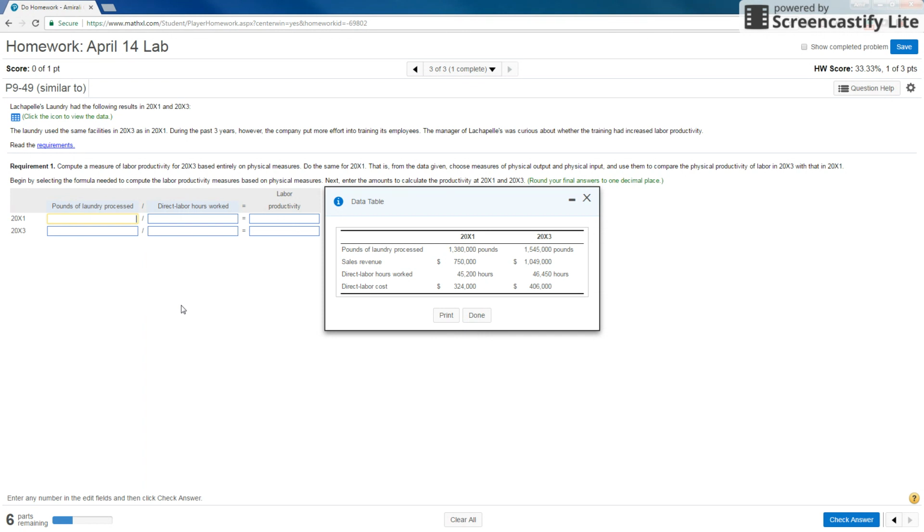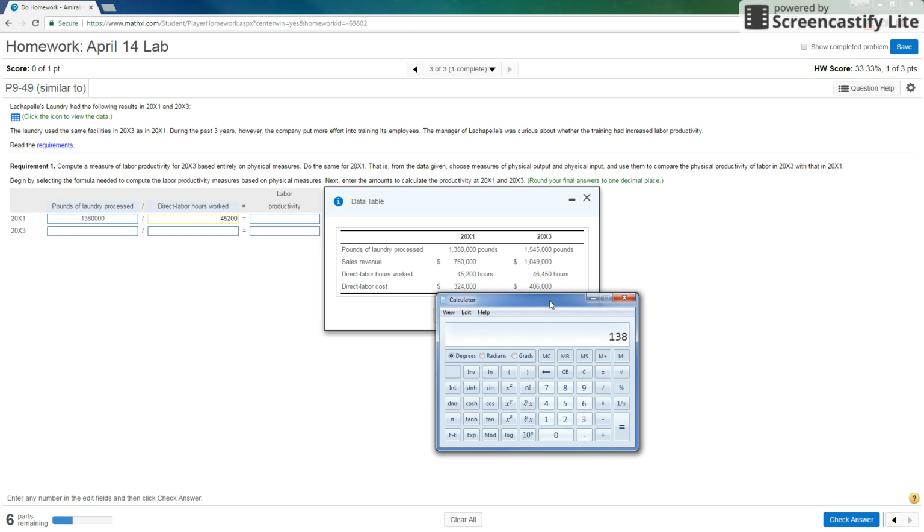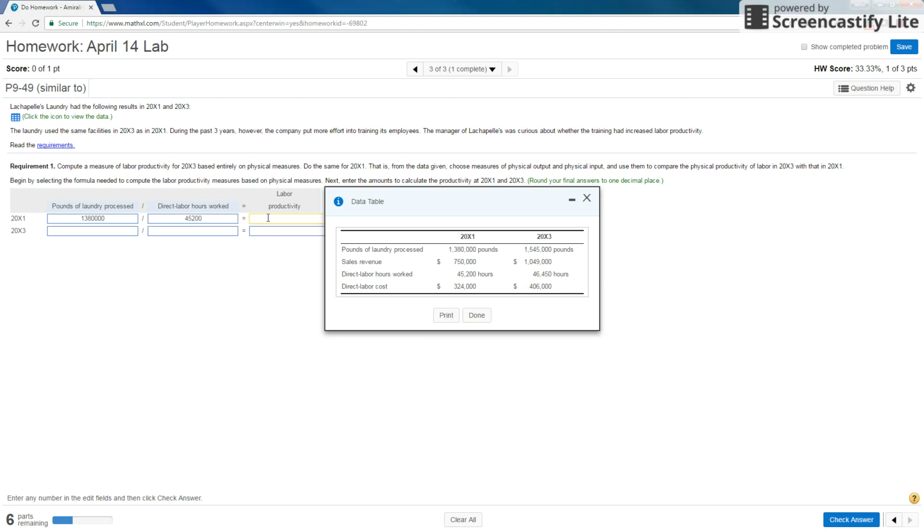So for 2011, 1,380,000 pounds of laundry have been processed, and 45,200 hours are used. If you want to calculate that number, 1,380,000 divided by 45,200, 30.5.